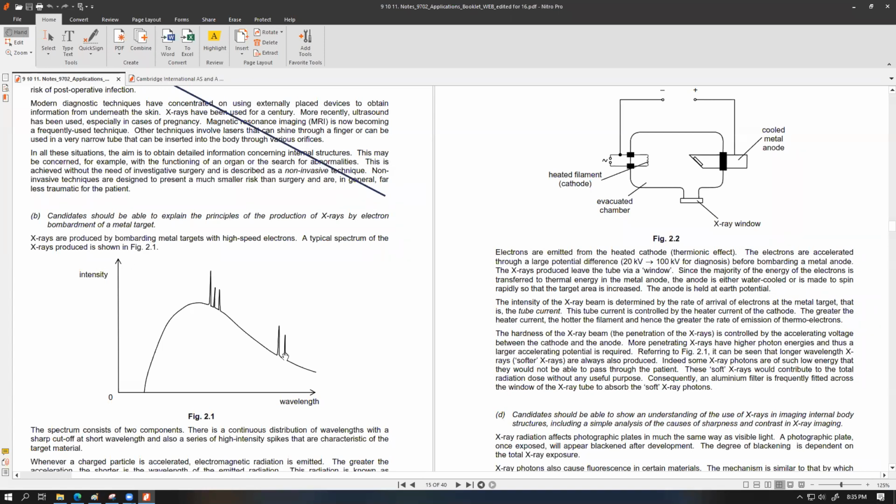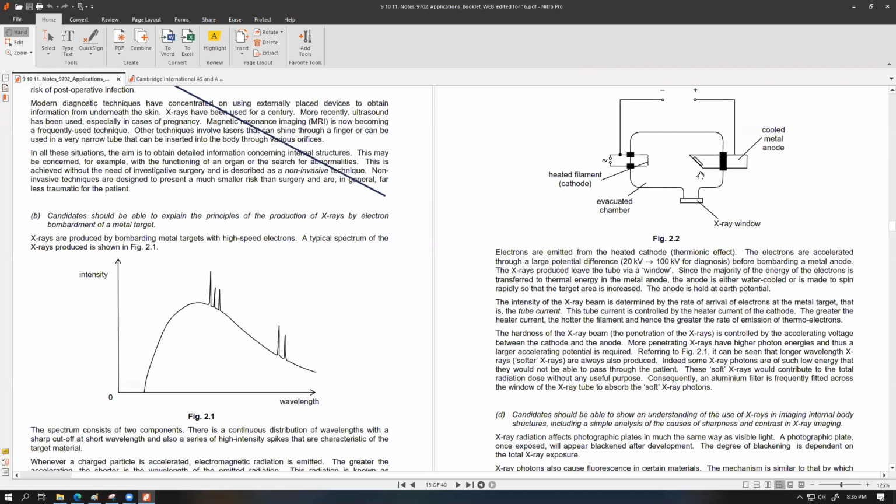This graph, intensity versus wavelength, has three properties. First property, there is a sharp cutoff on the wavelength axis. This is possible because when all the kinetic energy of the incoming electron is converted into a single X-ray photon by a single deceleration when it hits the metal anode, it produces an X-ray photon of the highest frequency and the smallest wavelength.